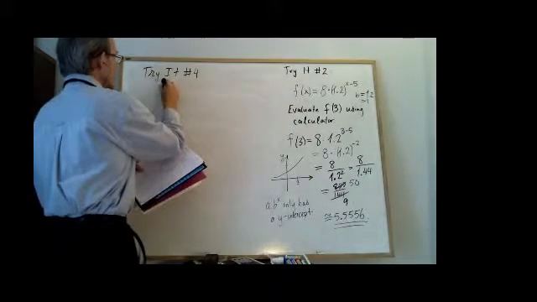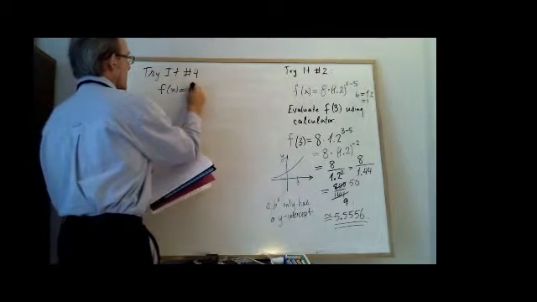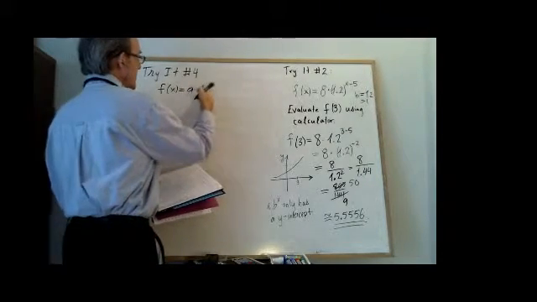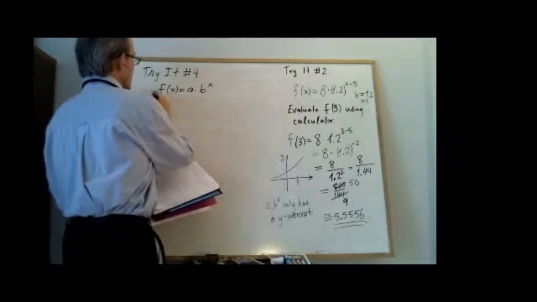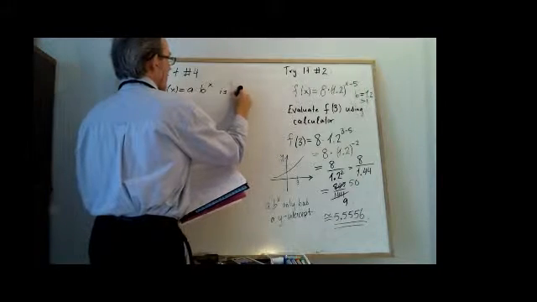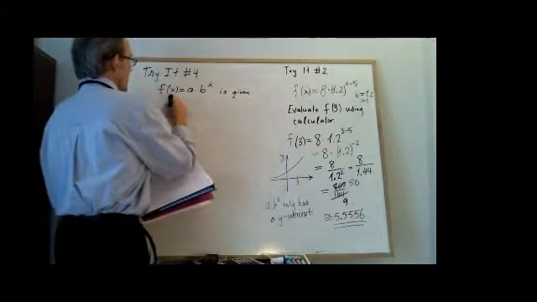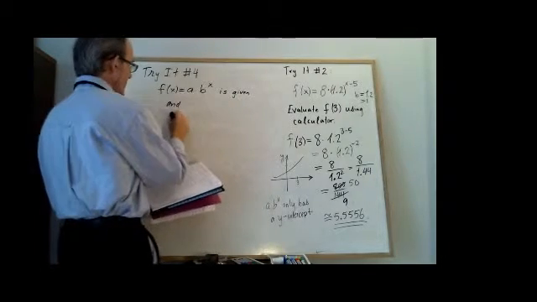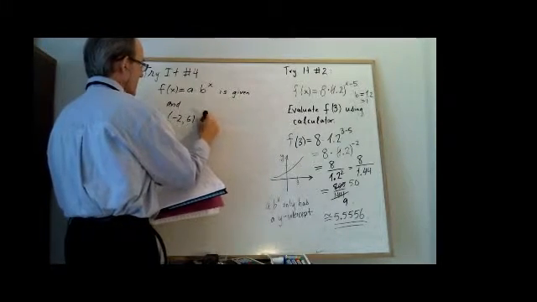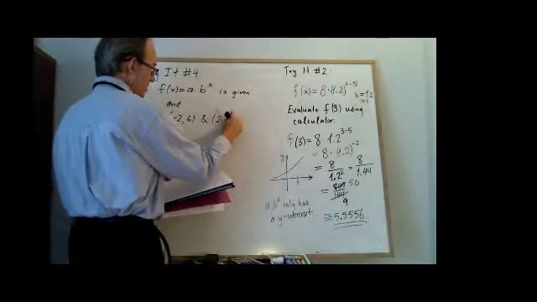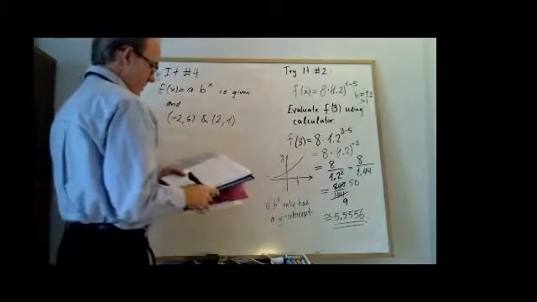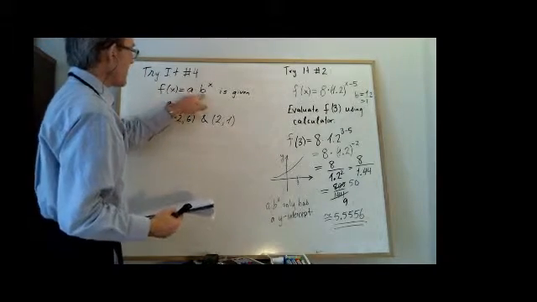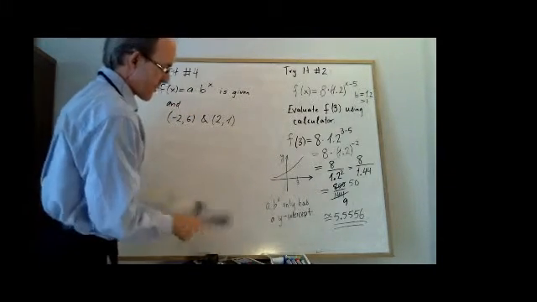So we're given this form, a times b to the power x. And we're told that these 2 points are on the graph: (-2, 6) and (2, 1). Okay, so find the original form of the function. In other words, find a and b for the original function.